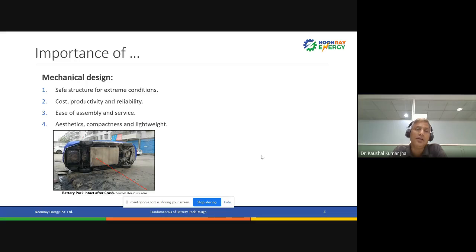Now, the third one is ease of assembly and service. See, being a mechanical system, it will certainly fail from time to time. If it is not accessible to service, then you have to remove the complete battery pack, do the service, and put it back.